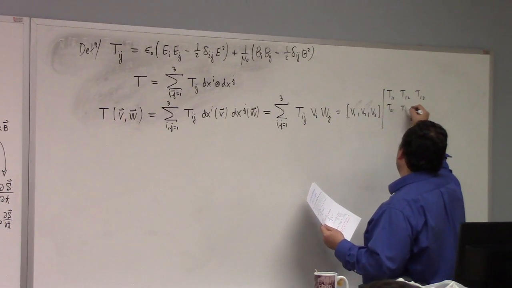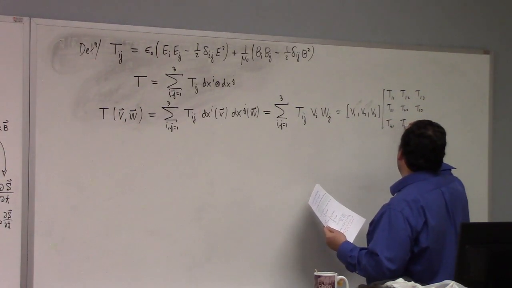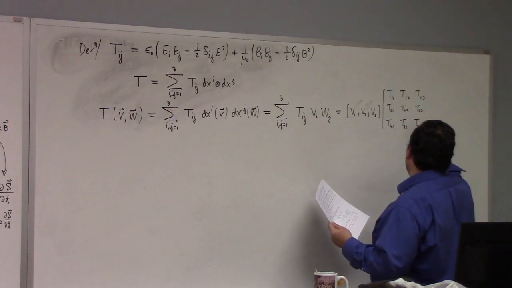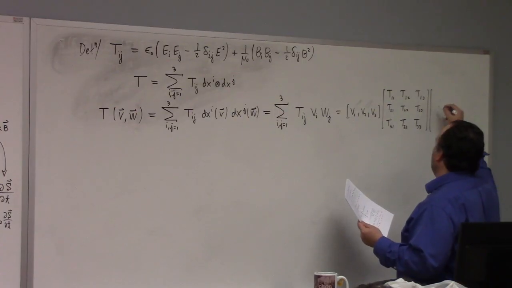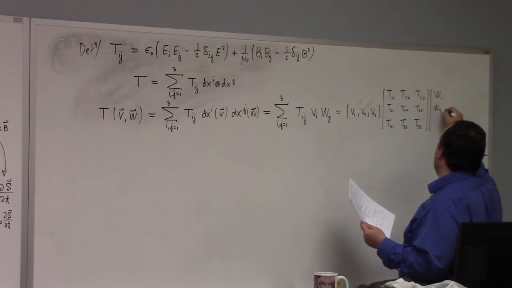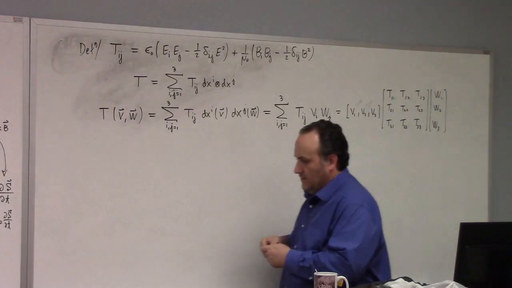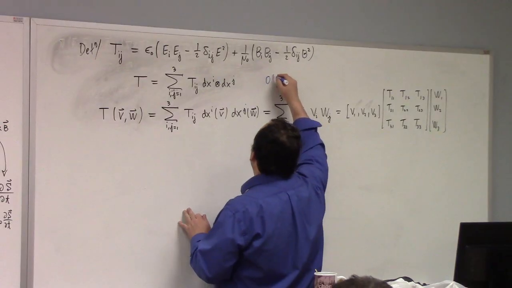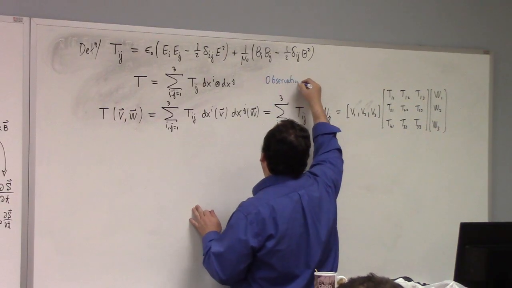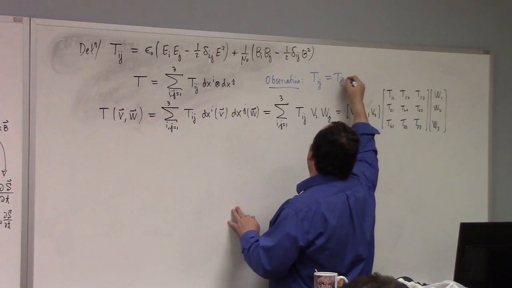So the question is, what is a tensor, right? This much I can tell you, a tensor is bigger than a vector field. In this case, it's a symmetric tensor. So truth be told, it's got 6 independent components because it's pretty easy to prove here. Observation: Tij is equal to Tji, right?